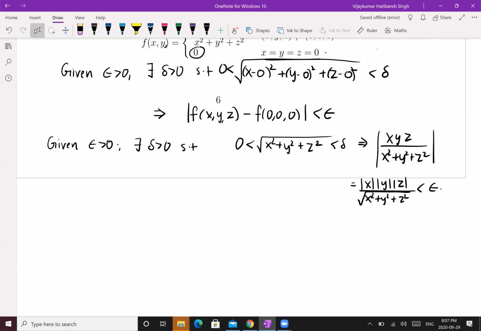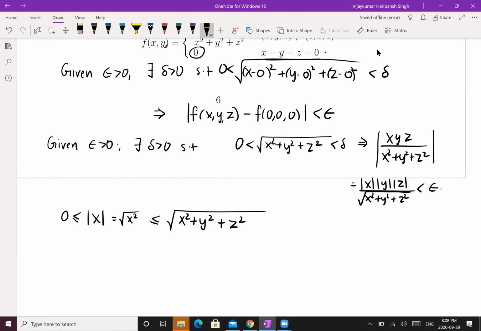Okay, so consider the following. Note that the absolute value of x is, first of all, greater than or equal to 0. It is equal to the square root of x square, which is of course less than or equal to the square root of x square plus y square plus z square, because you have more terms here.